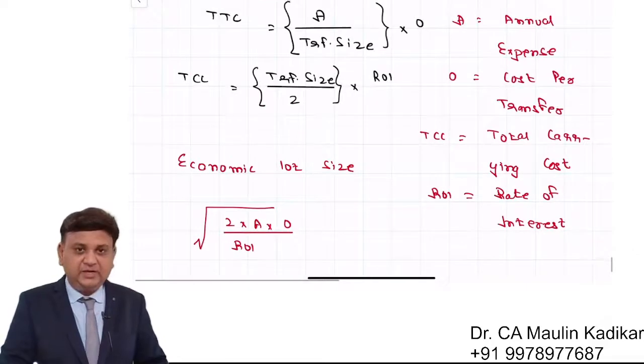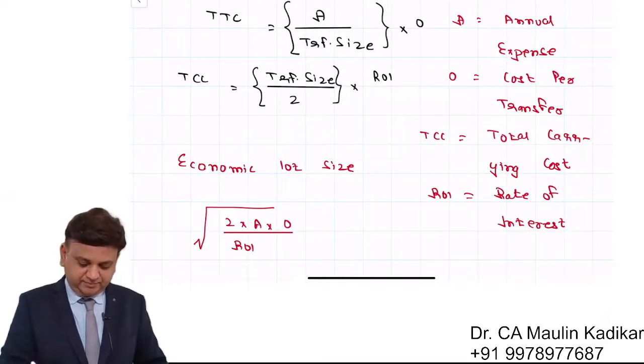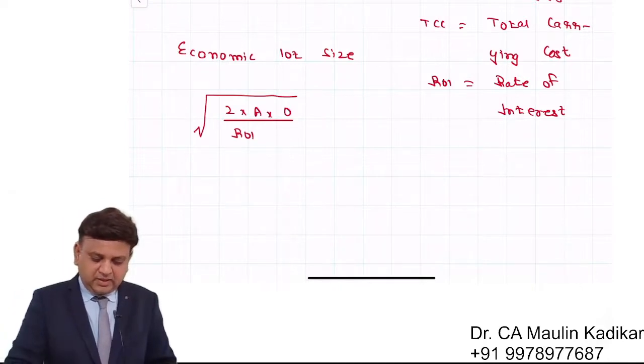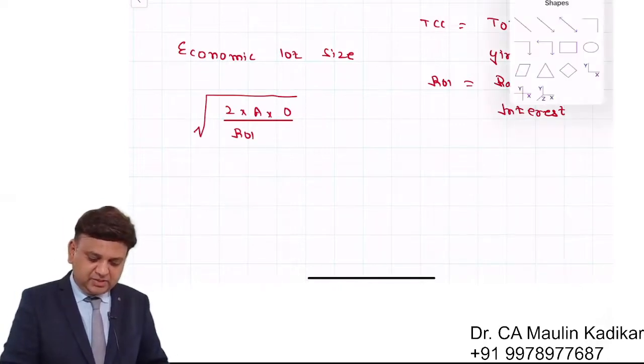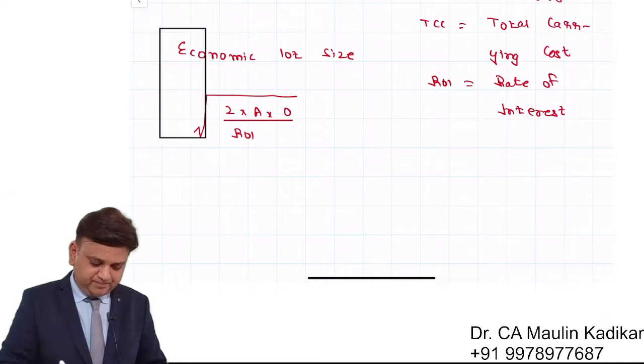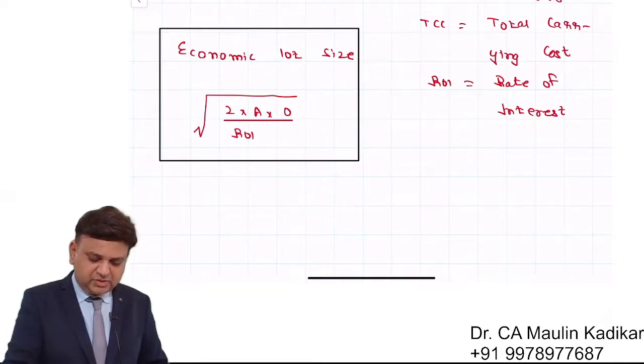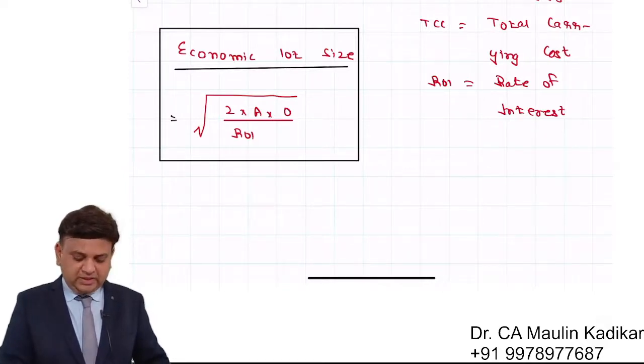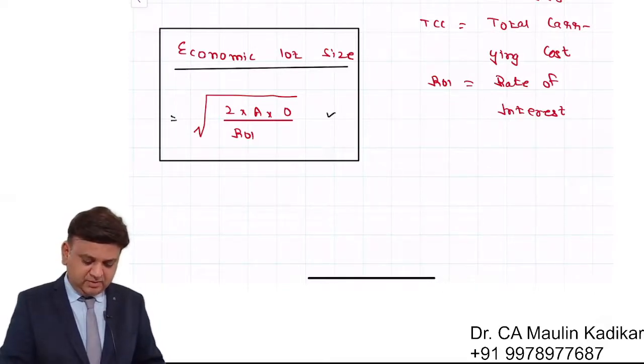That is the way we have the economic lot size. I'm just giving an explanation of this economic lot size formula. Economic lot size or optimum lot size, that is one and the same.